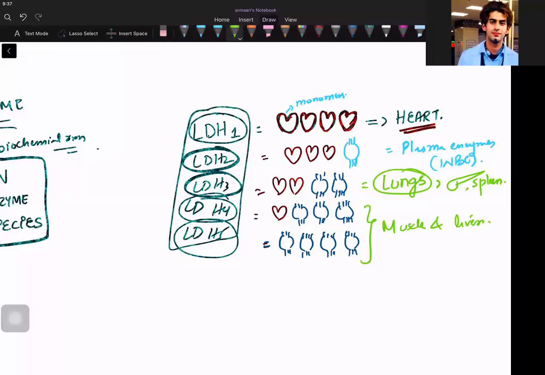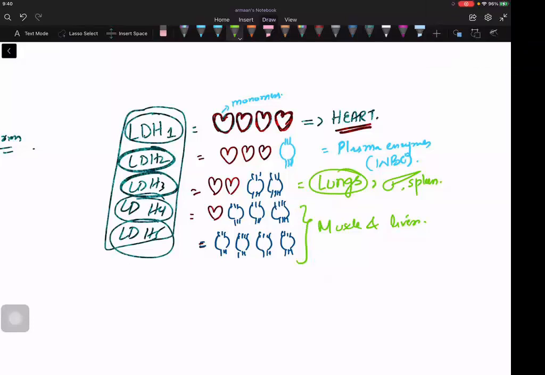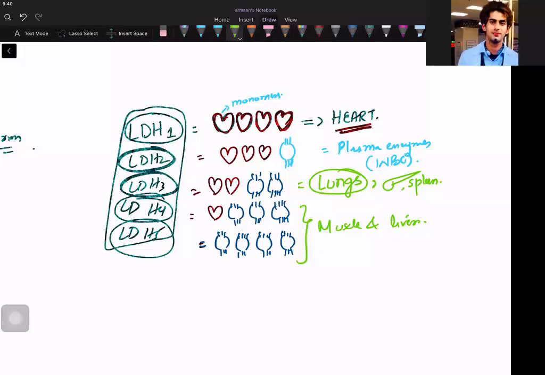I hope you guys are not sleeping. So guys, can you appreciate that they are the same enzymes, but the difference lies in the molecular subunits? Yes, this is what I want you to appreciate. Not only the definition, but also the concept.